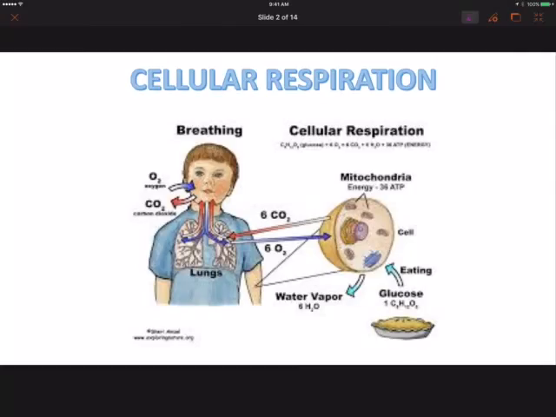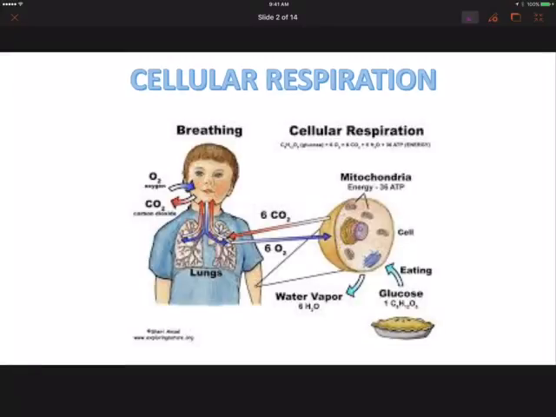Cellular respiration, let's break that phrase down. Cellular is just going to be within the cell or at the cellular level, and respiration, you guys already kind of know what it is. You could equate it to breathing. So cellular respiration is kind of like our cells breathing.